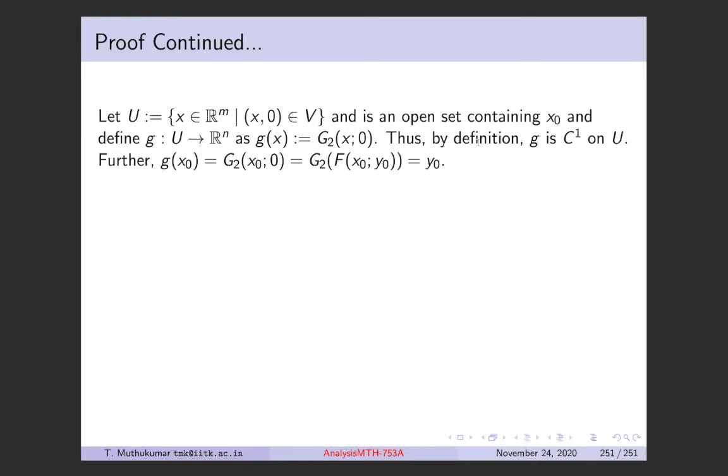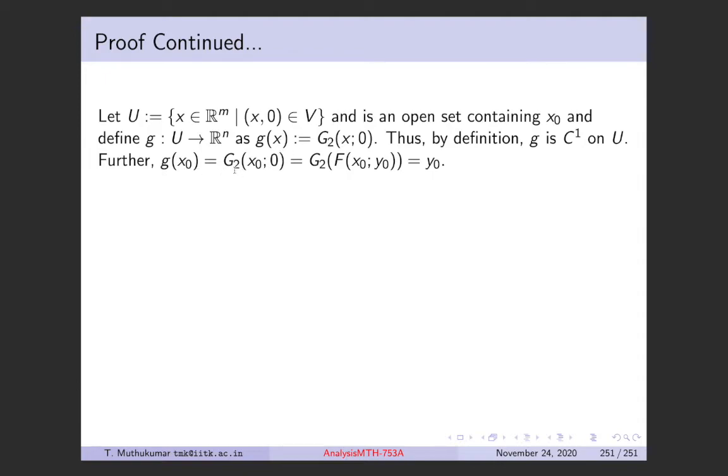So then by definition g is C1, because we have already seen that capital G is continuously differentiable in its respective domain, and here U is just a projection of that domain. So little g is also continuously differentiable. And what is g of x0? g of x0 is G2 of (x0, 0) by definition.